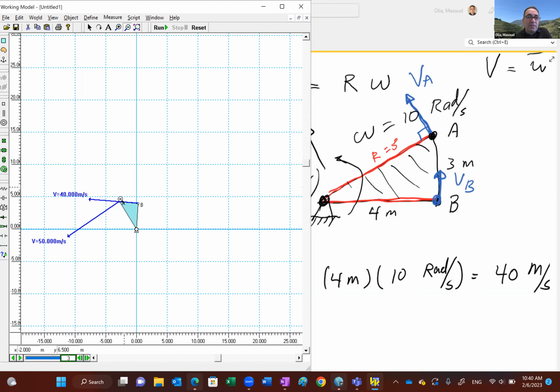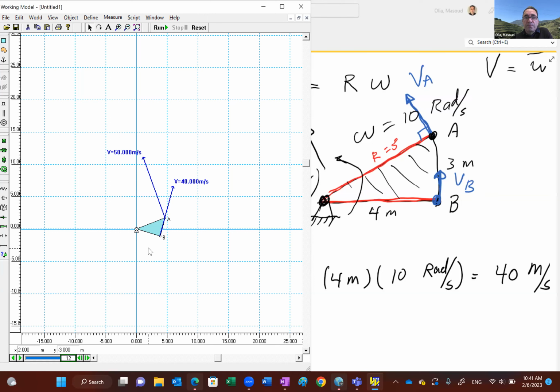And look, velocity of A and velocity of B are exactly what they're supposed to be, and their magnitudes are not going to change. The direction, of course, is changing, you see. But velocity of B is always 90 degrees to that hypotenuse. See that here? That velocity is 90 degrees to the hypotenuse. And velocity of A is always 90 degrees to that. 40 and 50 meters per second.